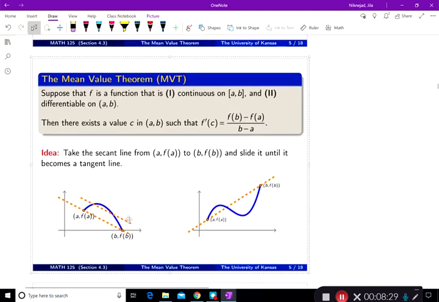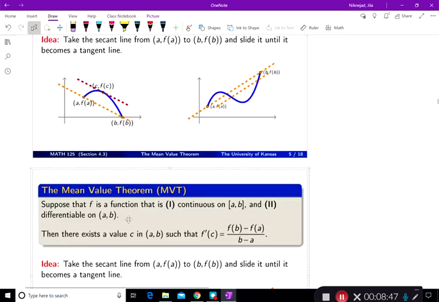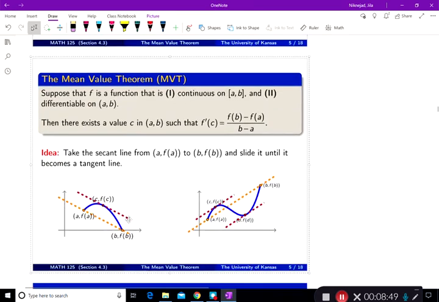If I go parallel, parallel, parallel, I end up at some point at the very end where the parallel line only touches the graph. Now, the right-hand one: if I go parallel, parallel, parallel, I end up with two points that have a tangent line parallel to the secant line between the two endpoints.